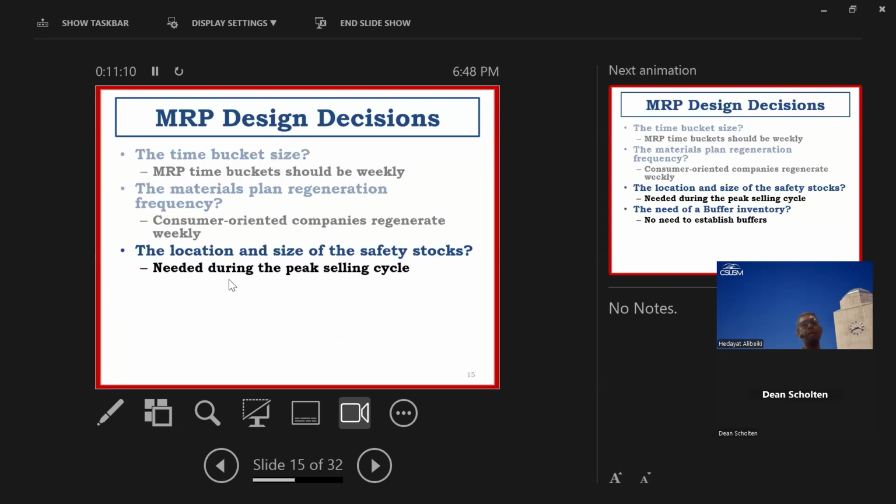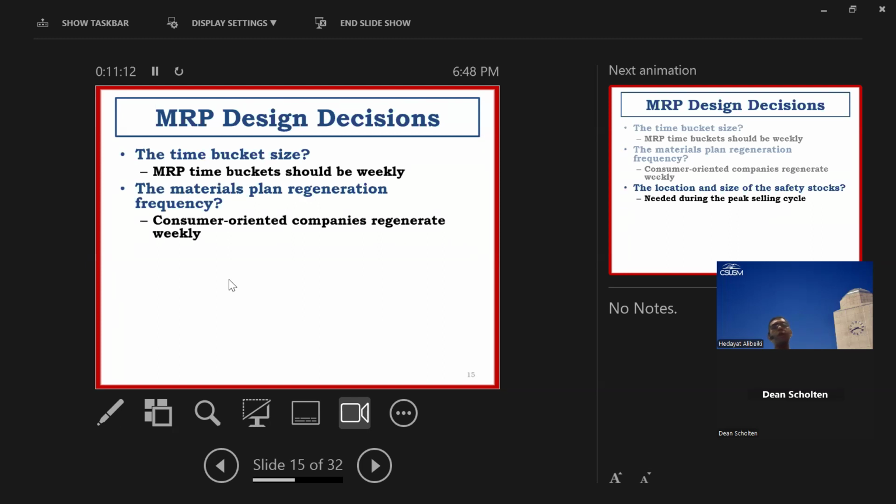Okay. In terms of the design of MRP, time buckets should be weekly. I mean, not necessarily, but weekly is very common for companies, right?